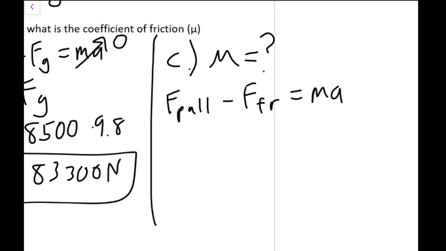Now, we know that it's moving at constant speed. So a is 0. And so we know these two forces are equal to each other. It told us that the tension, the pulling force, is 31,000. Friction is mu Fn.